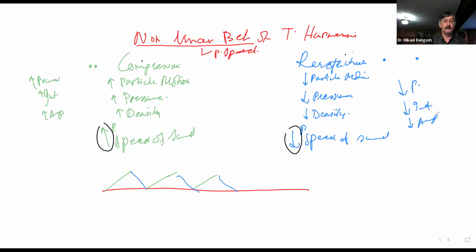Because what was power? The rate at which energy was transmitted from particle to particle. So that would be greater here. And due to that greater power, we will have a greater intensity. Did you guys get that?